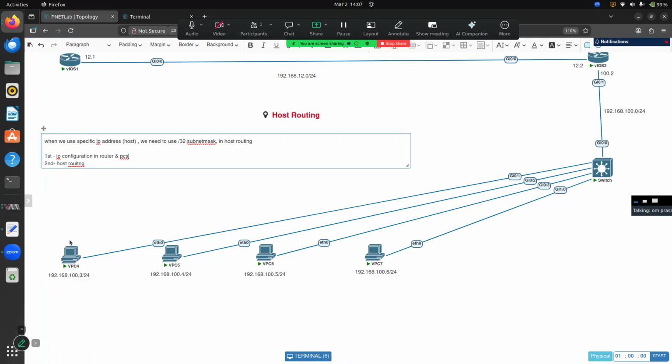Not the network, but a specific IP address I want to reach. Okay, I have to configure that. The IP addresses are already given.